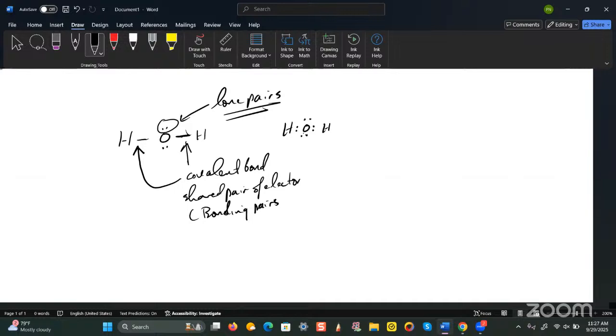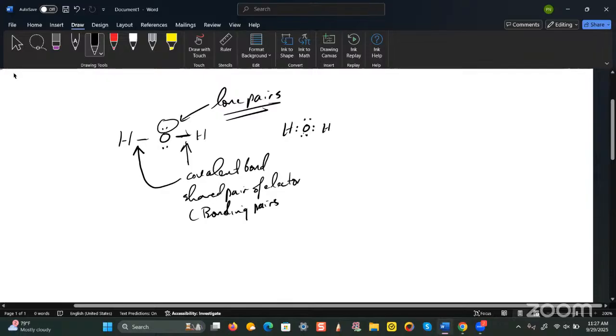This will become important when you look at, for example, shapes of molecules. But before we get to that, we have to understand how to draw Lewis structures. I just did this example to show you what a Lewis structure looks like and what the bonding pairs and lone pairs are.